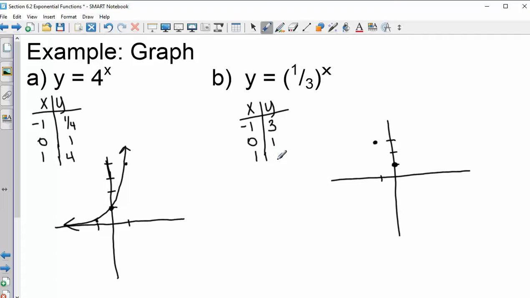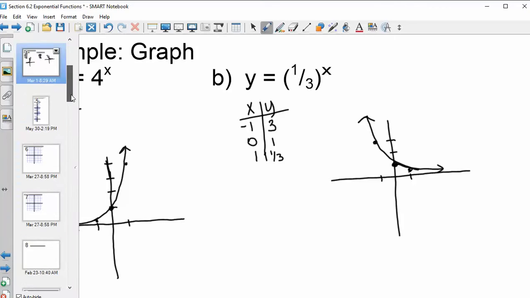Put in a 1, 1/3 to the first is 1/3. Both of these graphs have a domain of negative infinity to positive infinity. If I were to ask that, they both have a range of 0 to infinity.